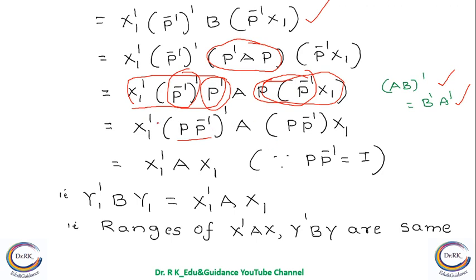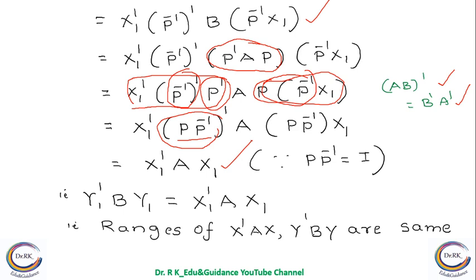So now x1 transpose equal to this matrix (P inverse) whole transpose into A into P inverse into x1. But here we don't require this P inverse one, so this is I. So this becomes I, this becomes I, then what we get is x1 transpose into A into x1 transpose.